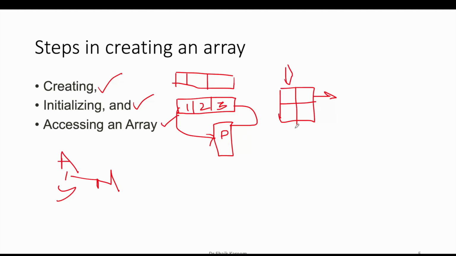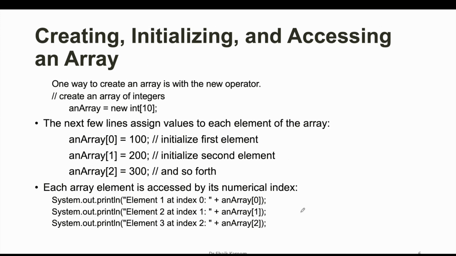That is a two-dimensional array. Out of the multi-dimensional arrays, we have the two-dimensional array, and further we can also create 3-dimensional, 4-dimensional and n-dimensional arrays. So that is a brief introduction to arrays. Next we'll see how to create an array, initialize an array, and access an array.